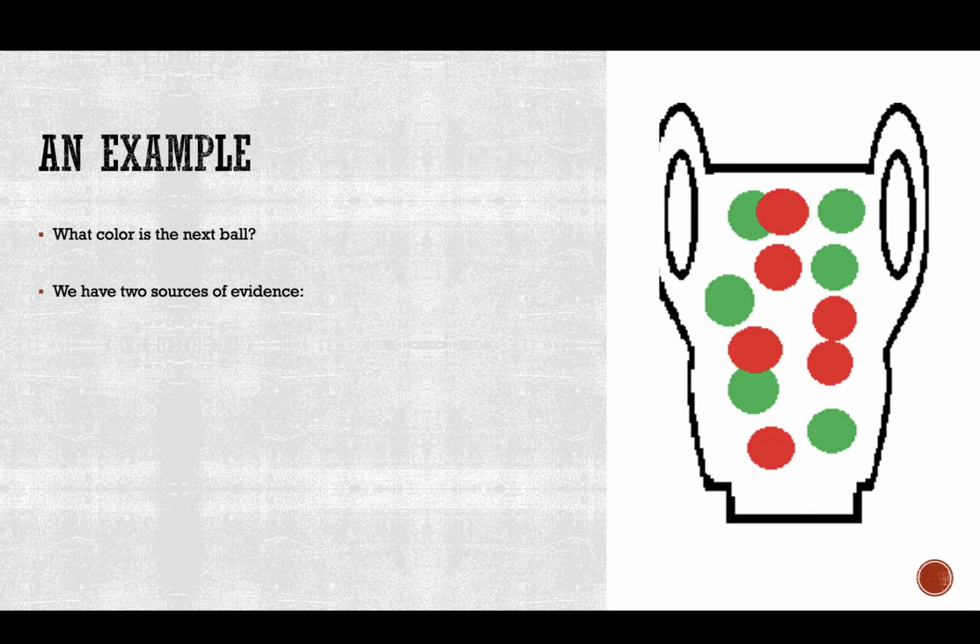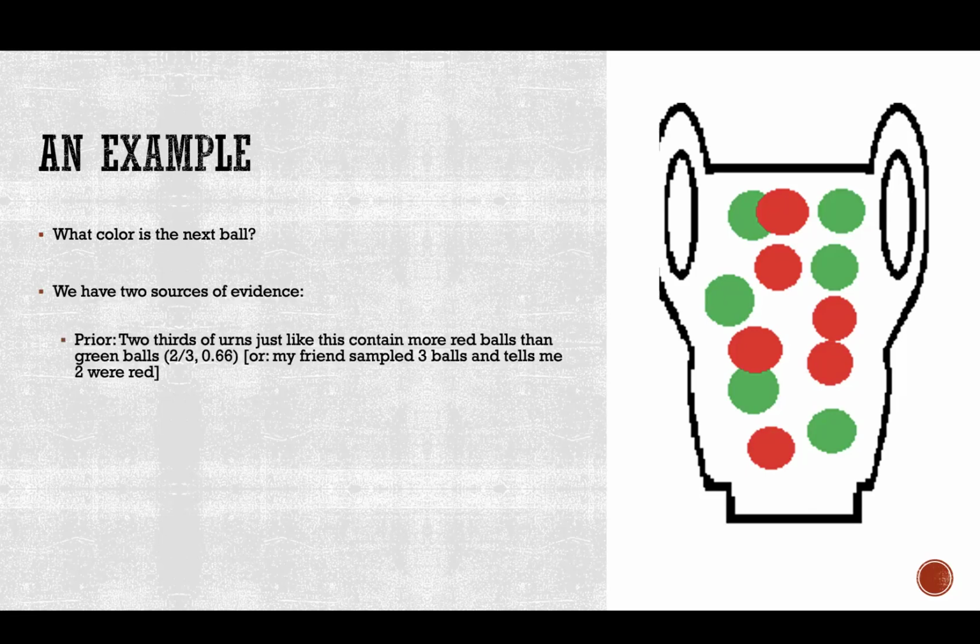We have two sources of evidence, right? A prior, where we know from the factory that 2/3 of urns just like this contain more red balls than green balls. Huh? What, sorry? So you're saying that this one is more red?